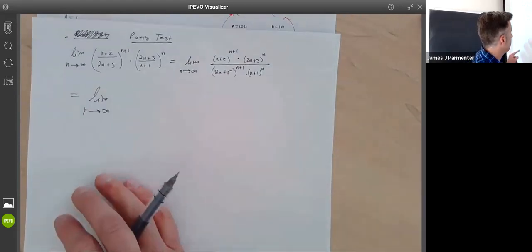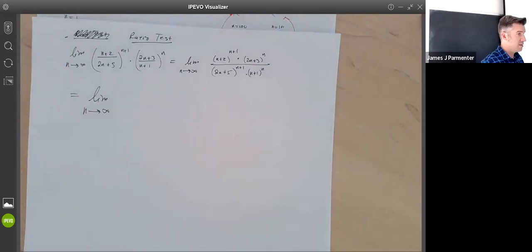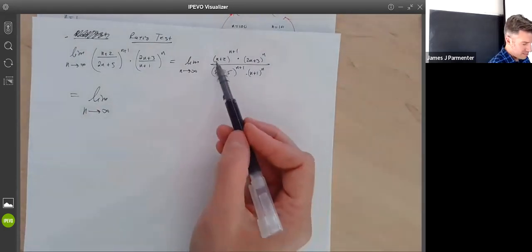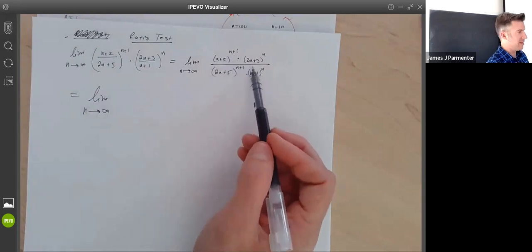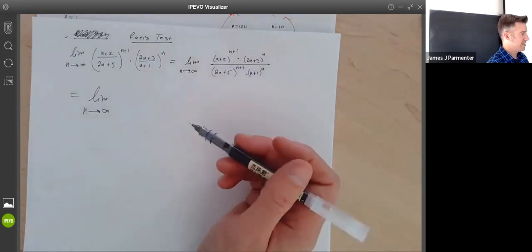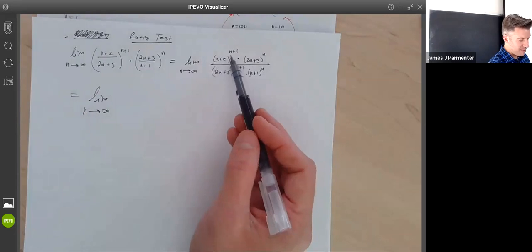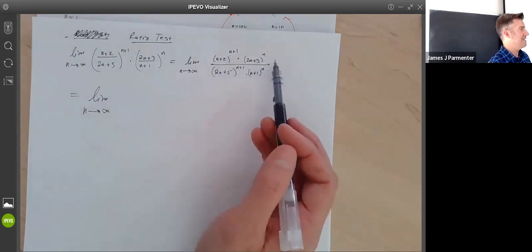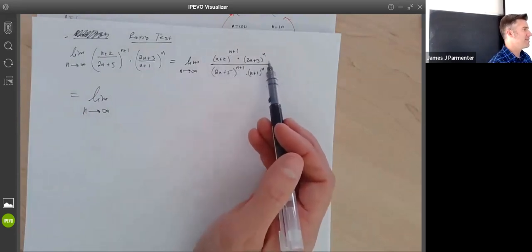But if you multiply out the top, you would have some highest power of n. How many n's am I multiplying together if I multiply out n plus 2 to the n plus 1 times 2n plus 3 to the n? I'm going to get n plus 1 plus n n's. Really gross.